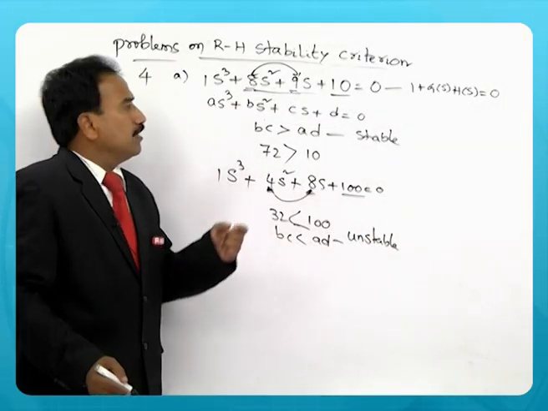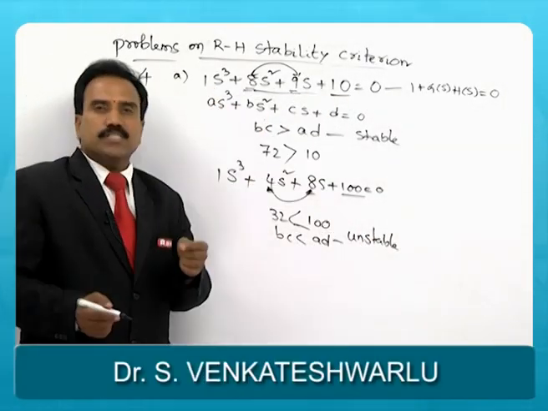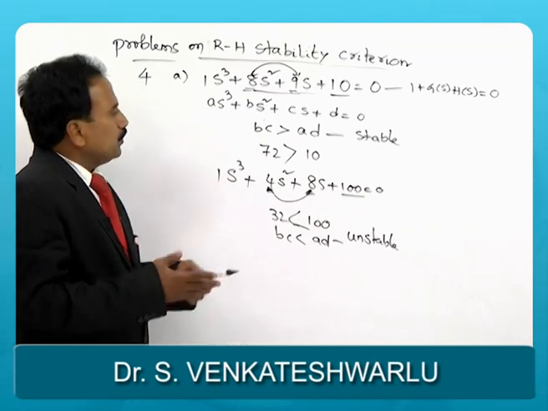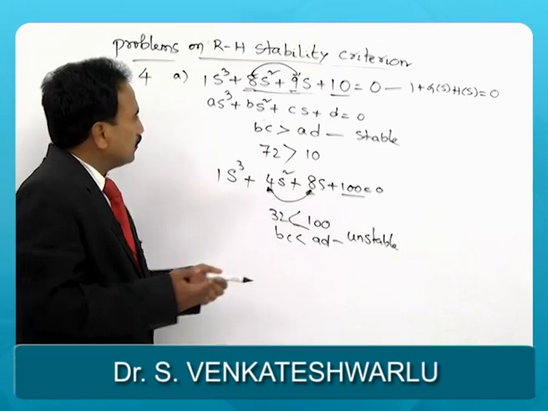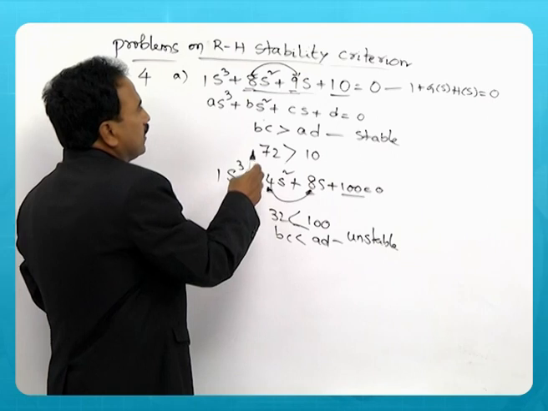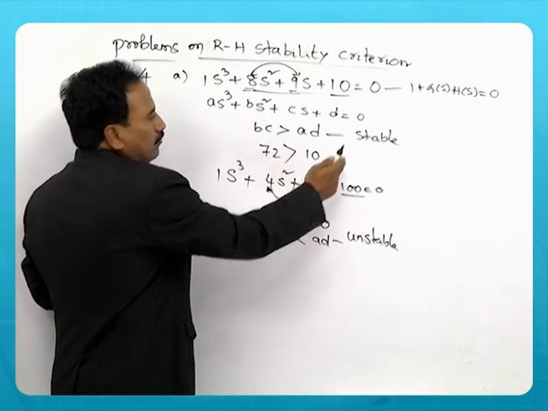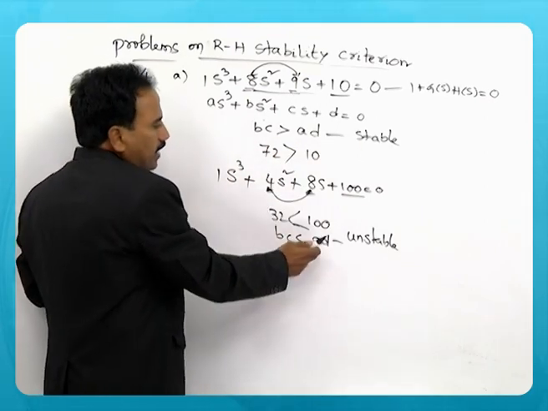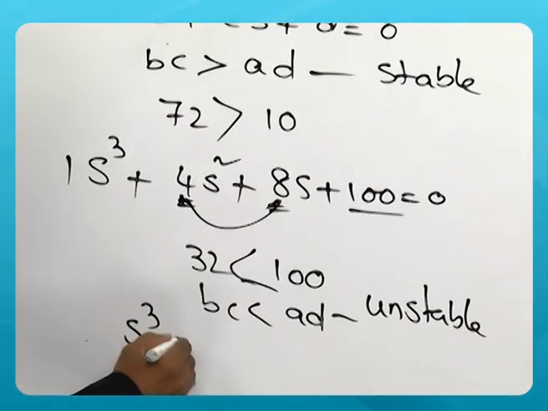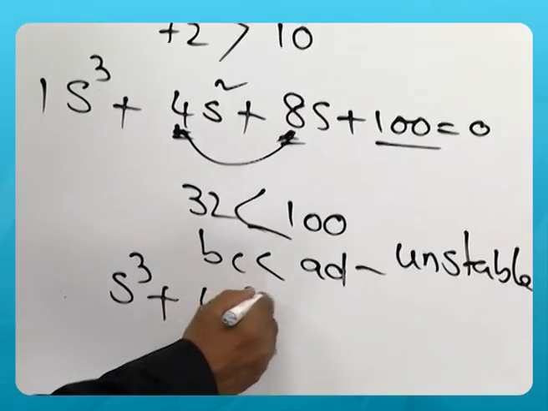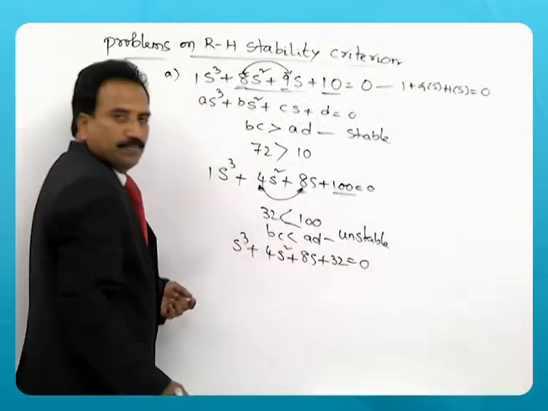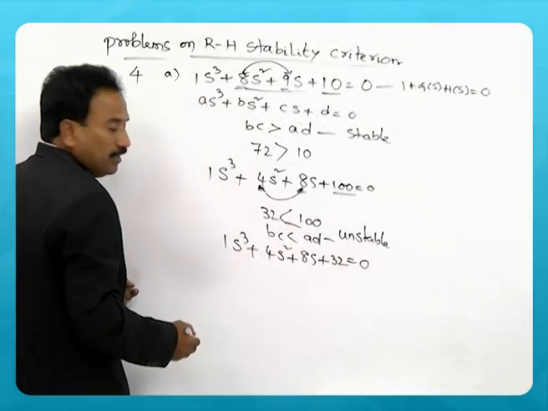So definitely one or more roots of this equation will lie in the right half of the S-plane. So you are not creating the table here, but you are able to assess using the coefficients directly that bc must be greater than ad for stable. If bc is less than ad, it is an unstable system. For example, if you have s power 3 plus 4s square plus 8s plus 32 equal to 0, then a is 1.